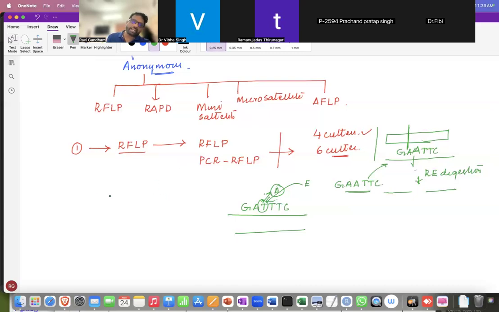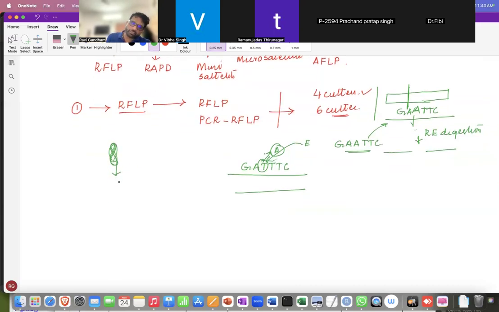They have taken the entire DNA and cut the DNA with the RE enzyme. And then they have run the DNA, after cutting with the RE enzyme, onto the gel. So when you run this, what happens?